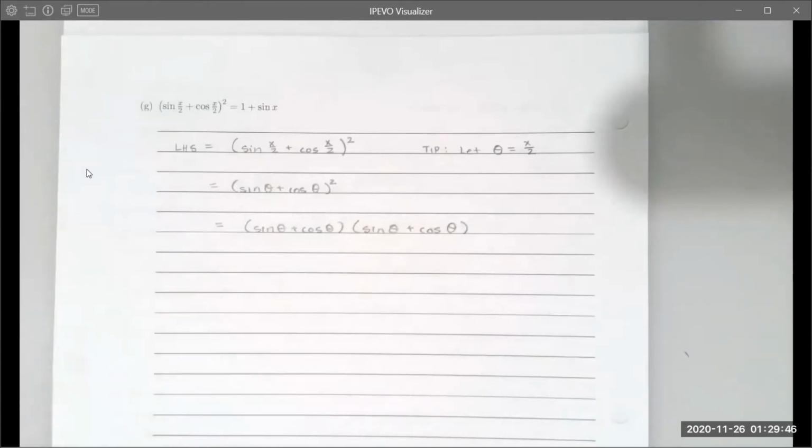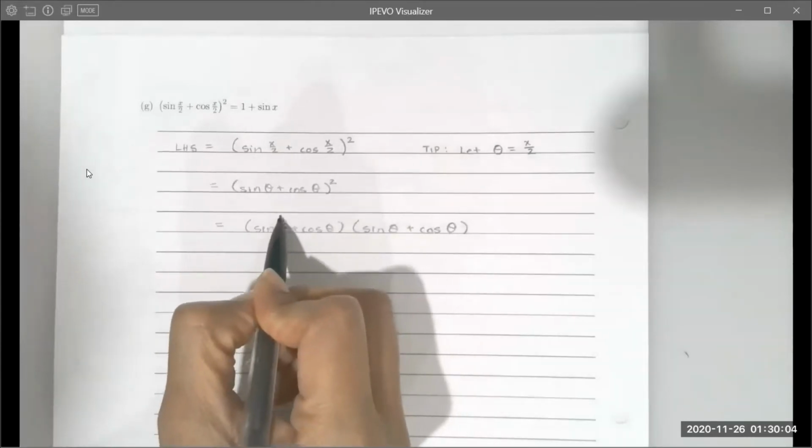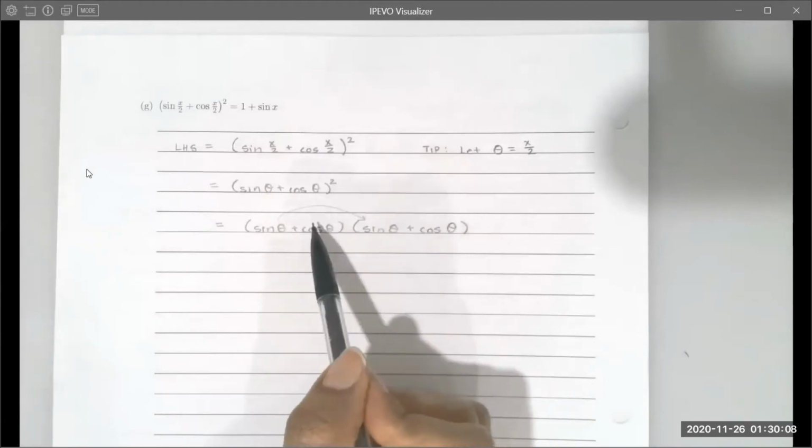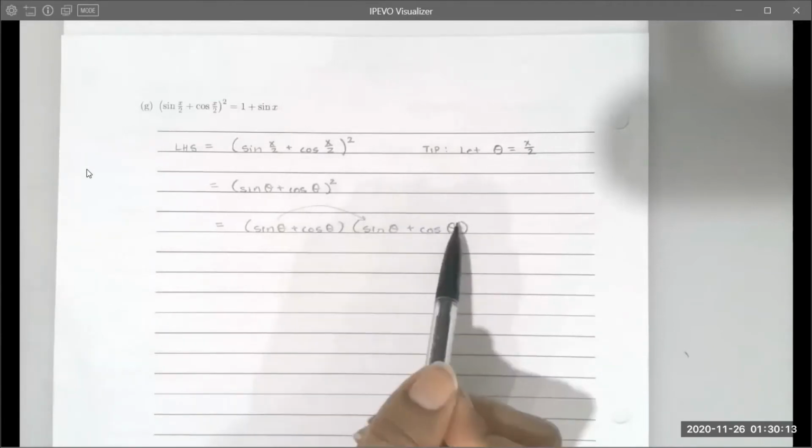What do you guys normally do when you see an expression like this and they ask you to simplify? Well, we might want to distribute, right? So we could take sine and distribute to both sine and cosine, and then move on to cosine and distribute again to sine and cosine.